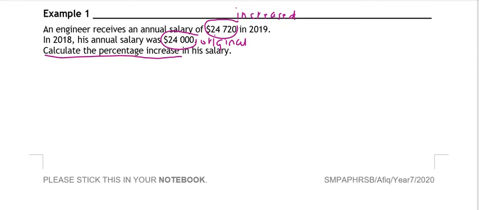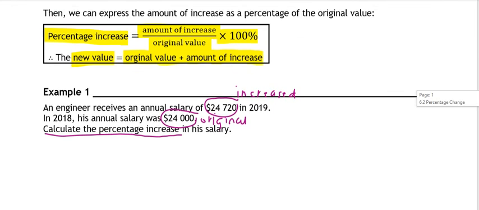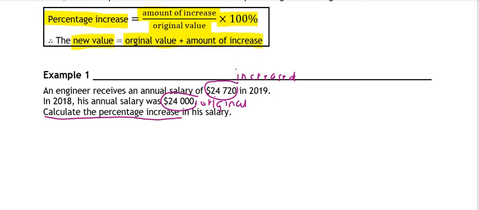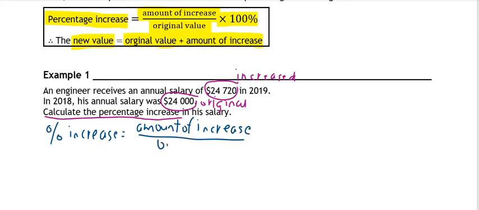just to recall the formula that you have learned: percentage increase equals the amount of increase out of the original value.